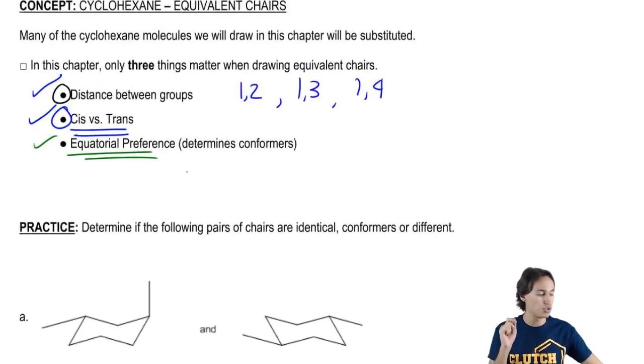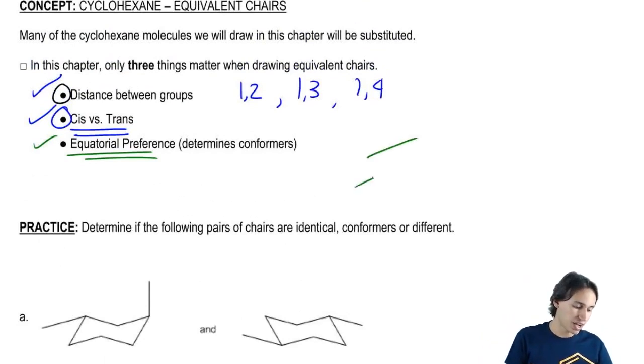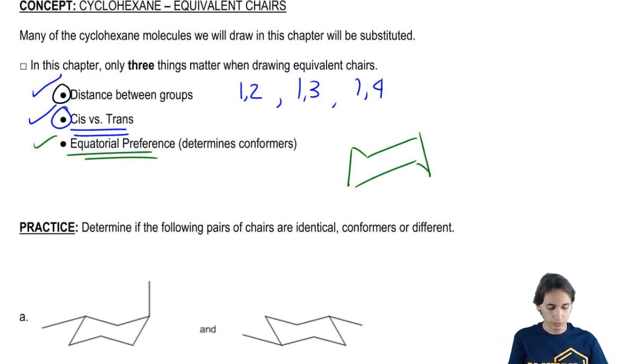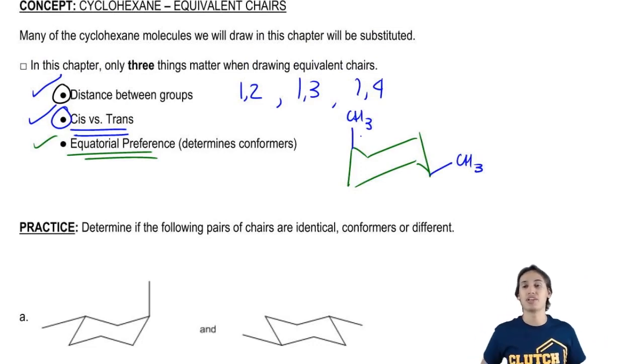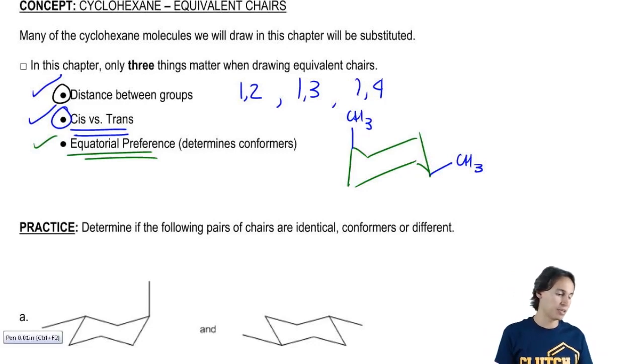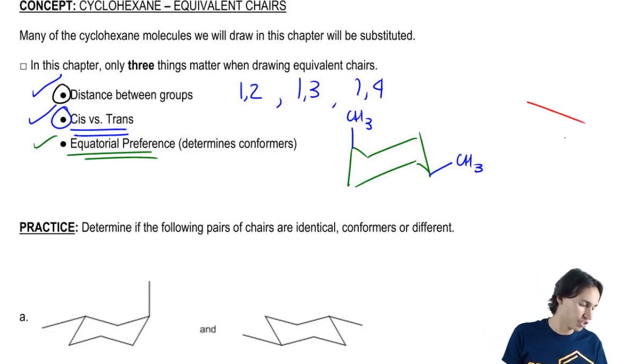So what I want to do here is actually a free response one just so you guys can see what I mean. Imagine that I'm drawing an answer, and I tell you guys that the right answer is CH3 here and CH3 here. So I tell you guys that that is what the answer is supposed to look like. But the thing is that you draw chairs differently than me, and you like to draw the other chair.